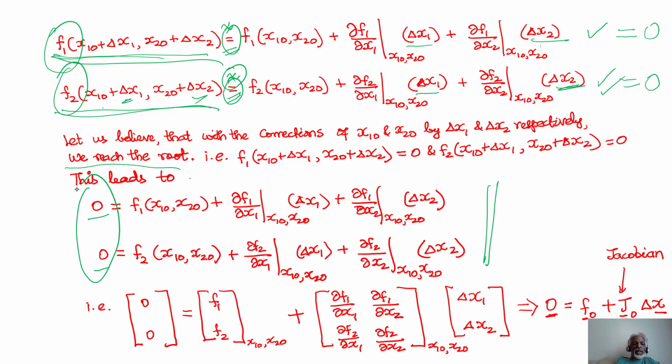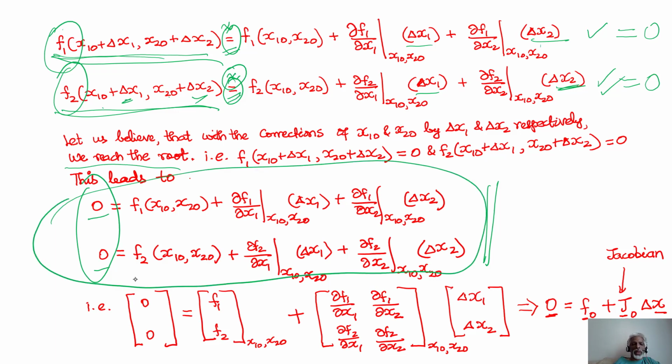So in vector matrix form, I can pack these two equations as the zero vector, because this is 0 and 0 stacked. So this is the zero vector, equal to. Now I'm going to look at these two terms, f1 and f2 evaluated at x1 naught, x2 naught.